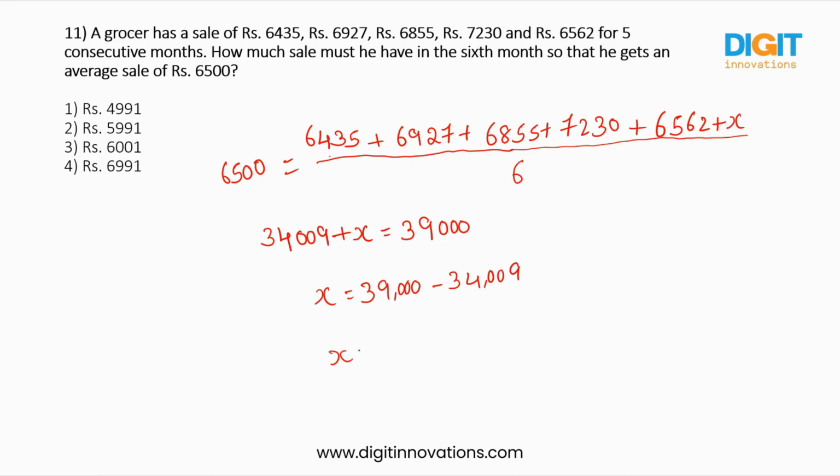So when you subtract, you will get the value as 4,991. So the 6th month sale is 4,991. So the option is 1. Okay, I'm just using the average formula here. So average equal to sum of observations by total number of observations.